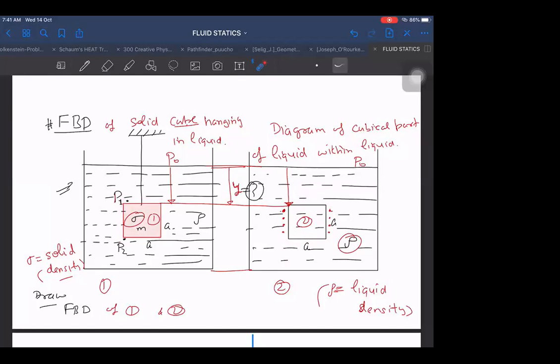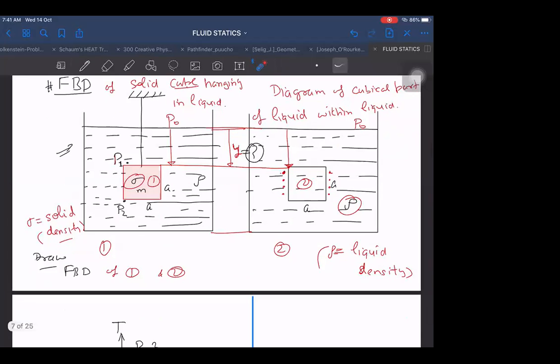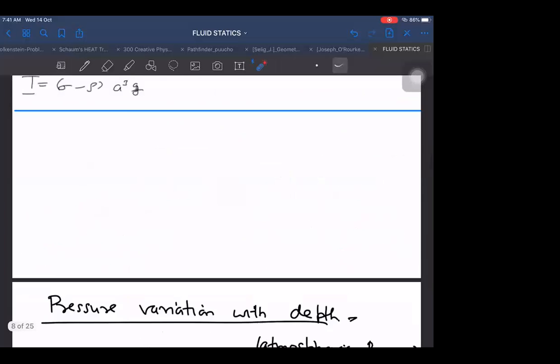So the vertical force will always be equal to the force of the liquid displaced. Simple. Another name for that is Archimedes' principle. We just call it the buoyant force.